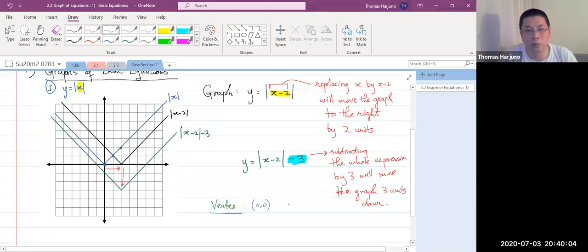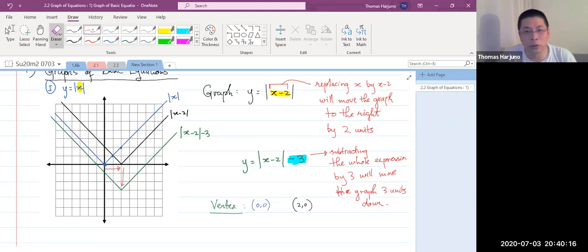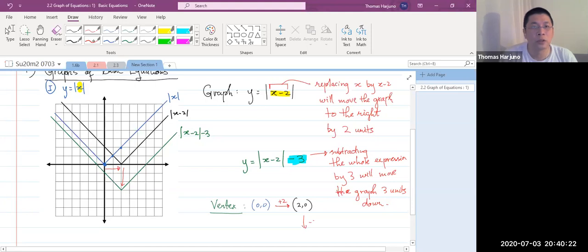Now because you move 2 units to the right, it becomes (2, 0), and then you move 3 units down, it becomes (2, -3).